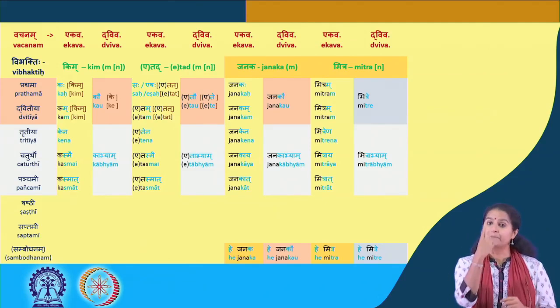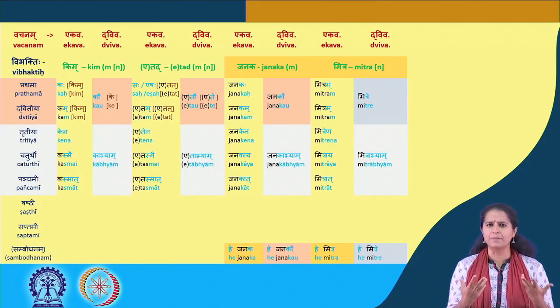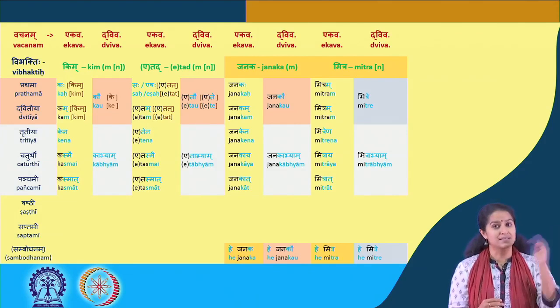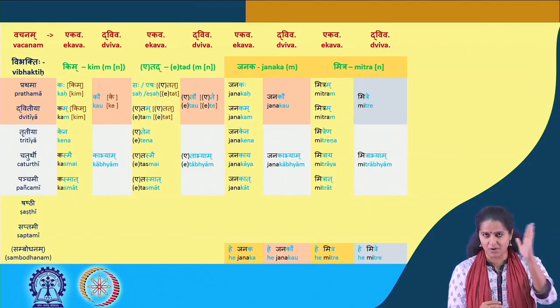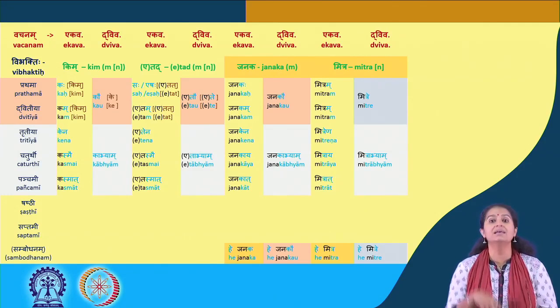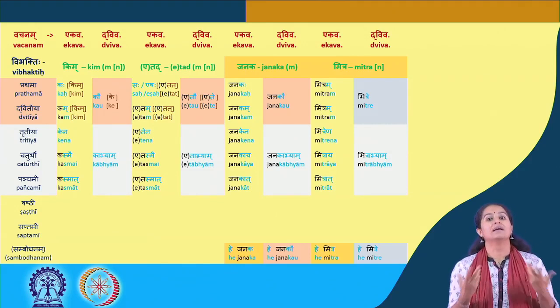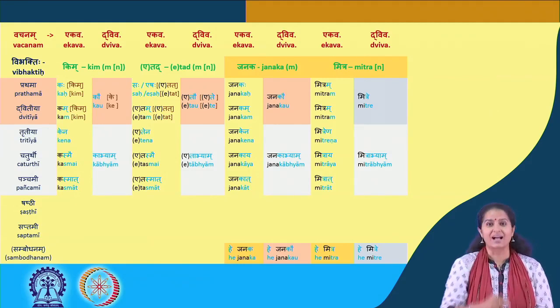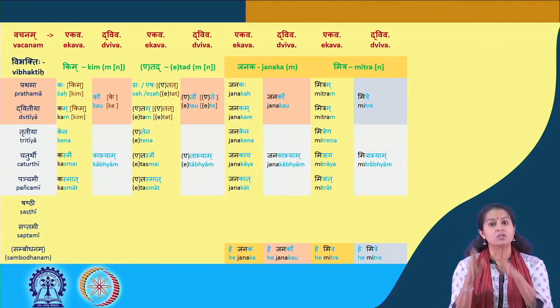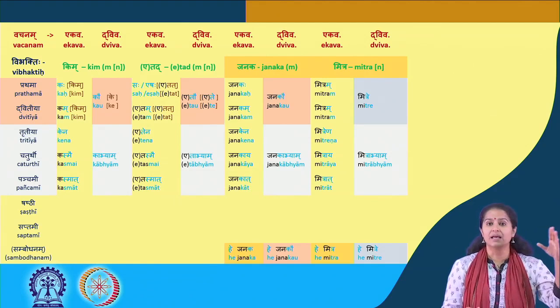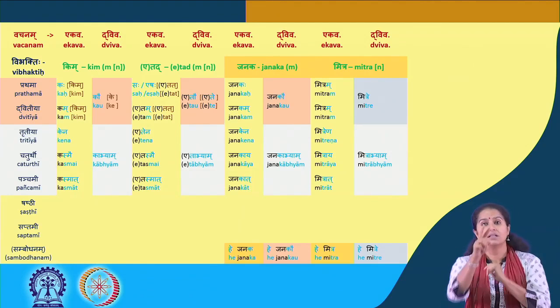Next, kam pashyati. So the moment I say kam pashyati, who's the subject? Saha or bhavan or bhavati. Sa and all the third person as well as bhavan or bhavati. So kam pashyati, tam janakam pashyati. In the dual, kau pashyati, tau janakau pashyati. So here we are saying ti because it is saha tau janakau.